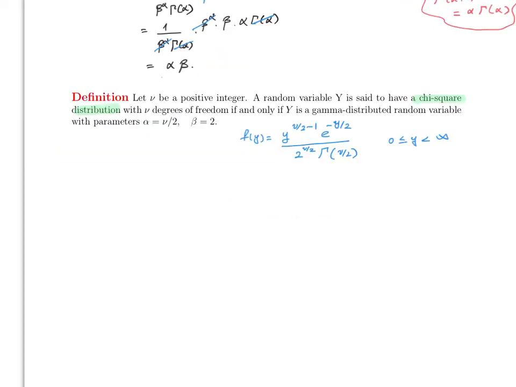Right, so notice therefore the book calls this a theorem that if you have a chi-square distribution, since this is gamma, the mean is supposed to be alpha beta, which in our case, alpha is nu over 2 and beta is 2, so therefore the mean is nu. And the variance, remember, is alpha beta squared, so in our case this will be nu over 2 times 2 squared, which will give you just 2 nu.